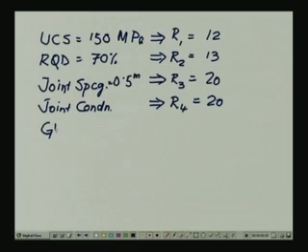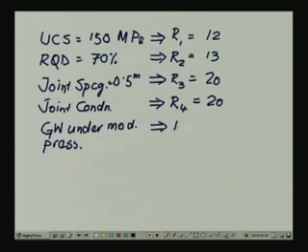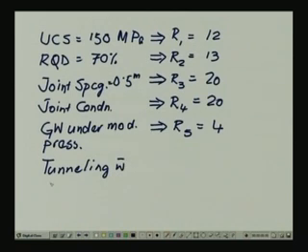Then we have got groundwater under moderate pressure, that gives us an R5 of 4, and then we are doing the rating for tunneling with fair joint condition vis-a-vis tunnel alignment.